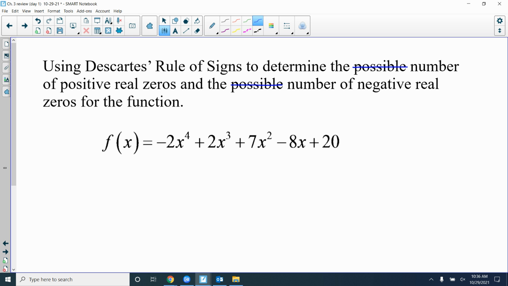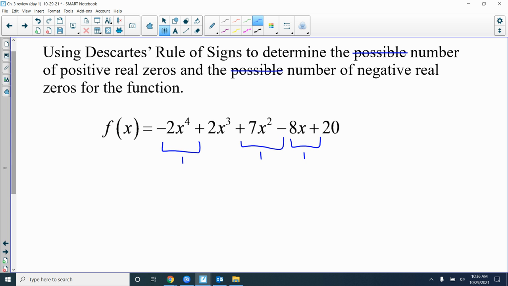We're looking for variations of sign. So if you're given the function already, we want to take a look at how many times it changes. So negative to positive is 1. Positive to positive doesn't change. Positive to negative is 1. Negative to positive is 1. So how do I word our answer then for positive zeros?